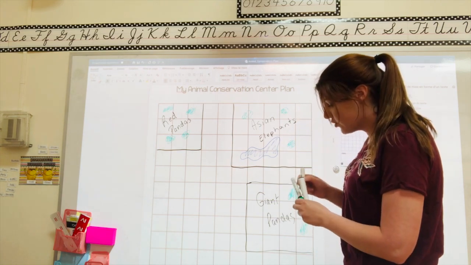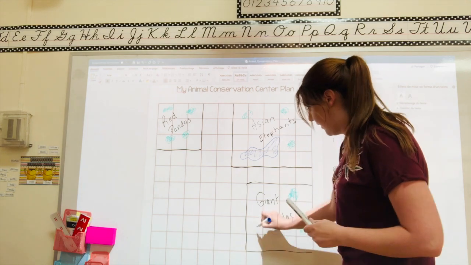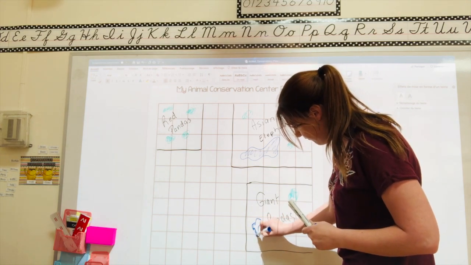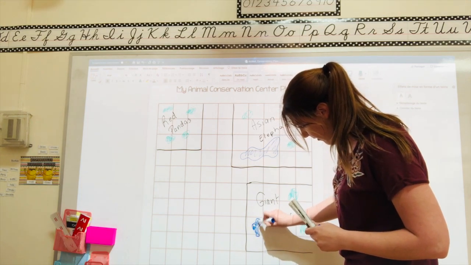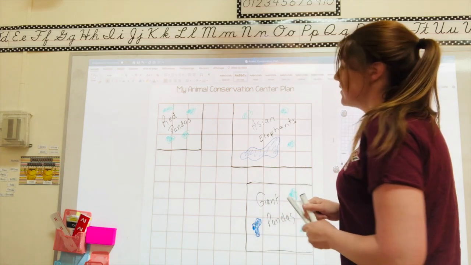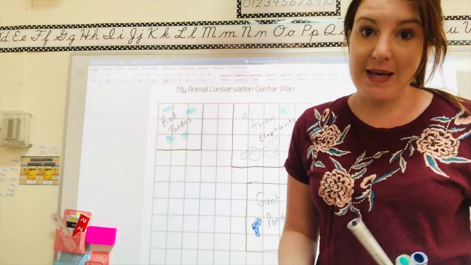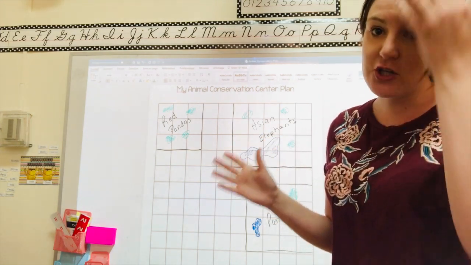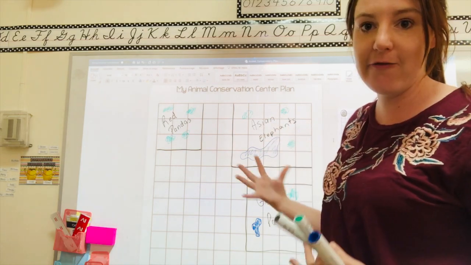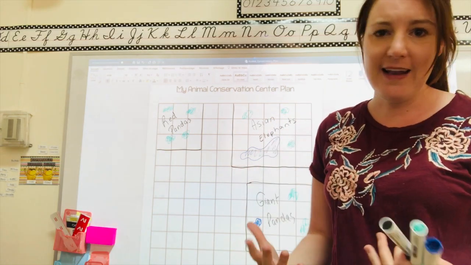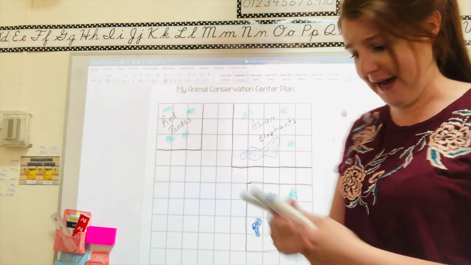You could draw something nicer than what I'm doing right now. I'm just trying not to take too much time on the video. So there we go. Now I've put 3 animals on here, which is one of the main things you have to do. So start by choosing a space on your plan for your 3 animals. Then you can go ahead and add stuff on your plan.